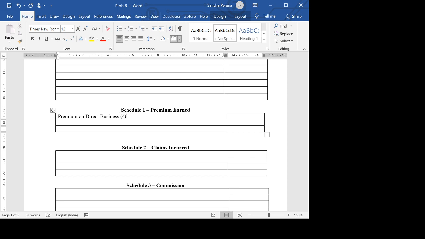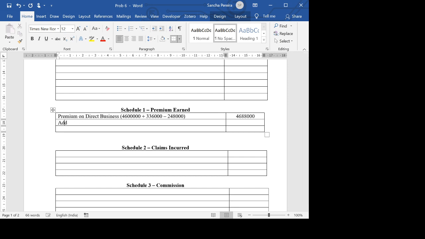So premium received on direct business is 46 lakhs plus outstanding at the end is 3,36,000 and outstanding at the beginning is 2,48,000. So this total comes to 46,88,000.